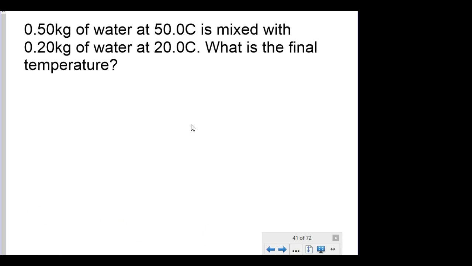In this example, we are combining 2 different amounts and temperatures of water. What do you think could be a realistic scenario behind this question? Likely filling the sink with water.